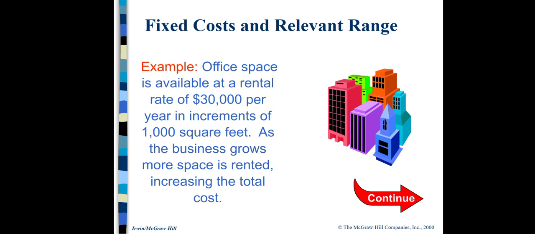For the example, office space is available at a rental rate of $30,000 per year in increments of 1,000 square feet. As the business grows, the more space is rented, increasing the total cost.